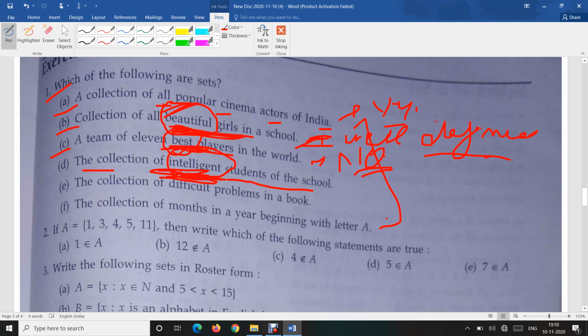So the term intelligent cannot define a set, so it is not a set because it is not well defined. Next, the collection of difficult problems in a book.